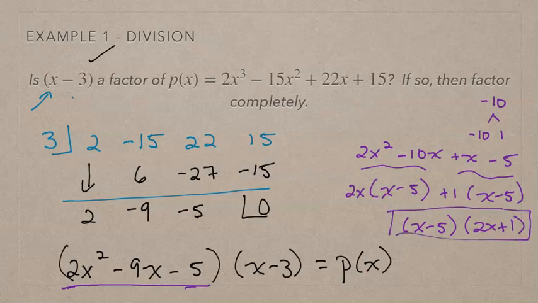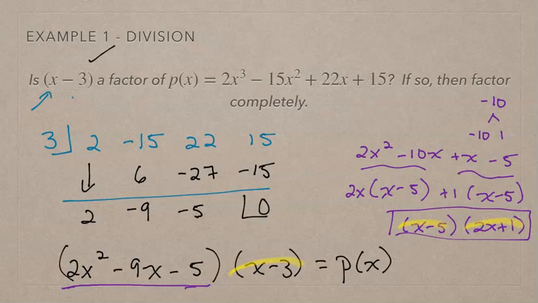What that means is p of x has three factors. It has this factor, and this factor. If I multiply these three yellow highlighted factors together, then I would get back to this original problem. Okay, so we can write p of x in standard form, which is what the original problem said, or we can write p of x in factored form.